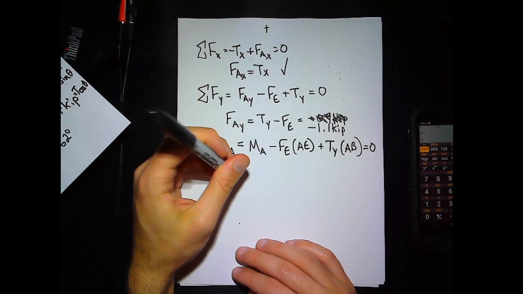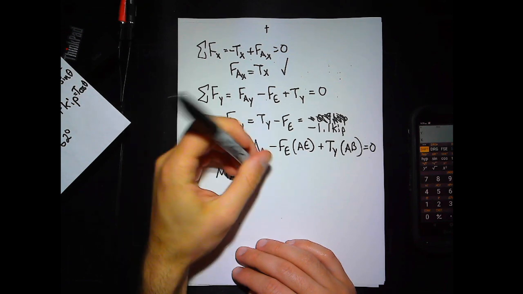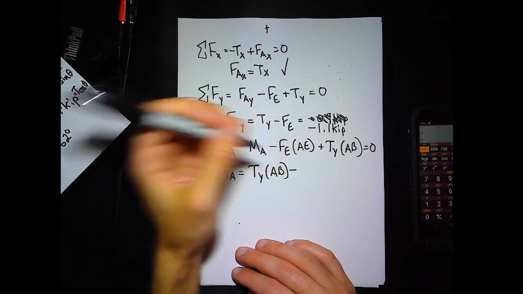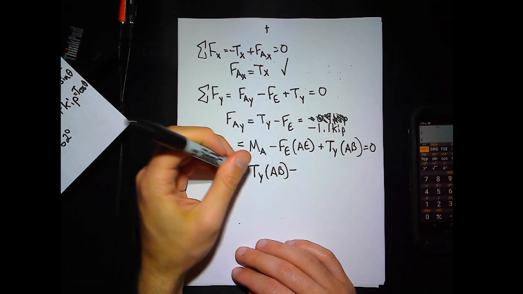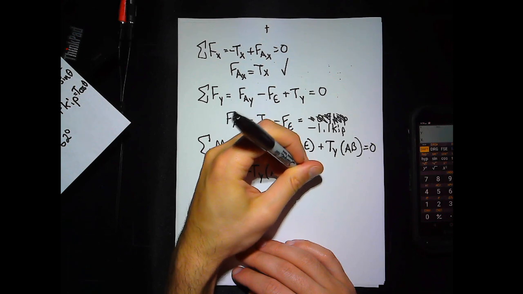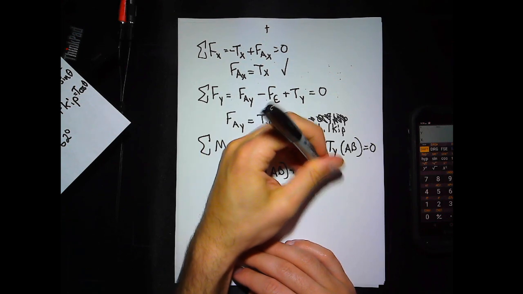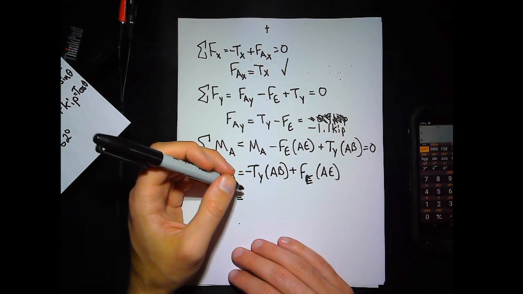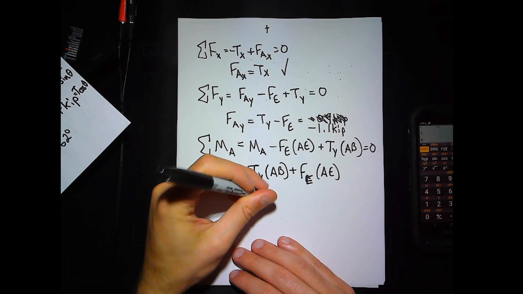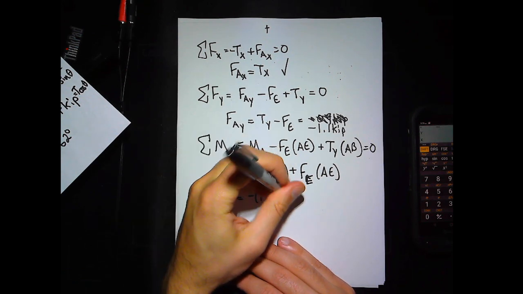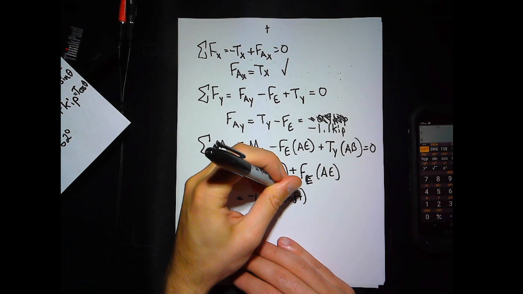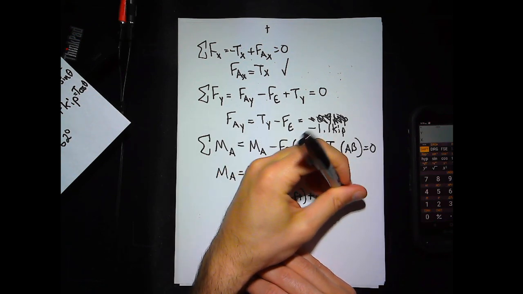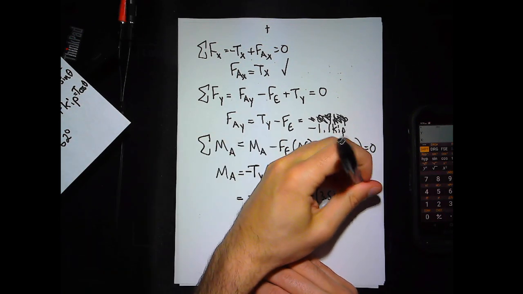If I wanted to solve for Ma, sorry, that's a plus, Fe times AE, substitute into that, and that gets me negative 1 kip times 6 foot plus 3.5 kips times 3 foot.